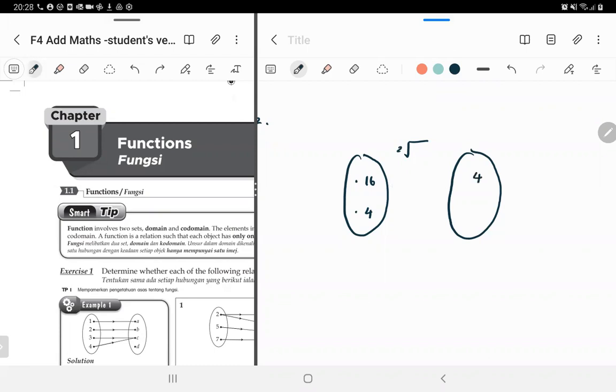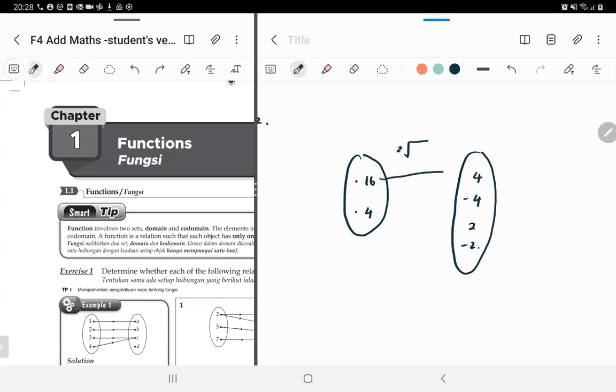But we know that if we do square root, we will get a positive and a negative answer, because the opposite way, 4 squared gives 16, and negative 4 squared gives 16 also. So the square root of 16 is actually 4 and negative 4, and the square root of 4 is actually 2 and negative 2.